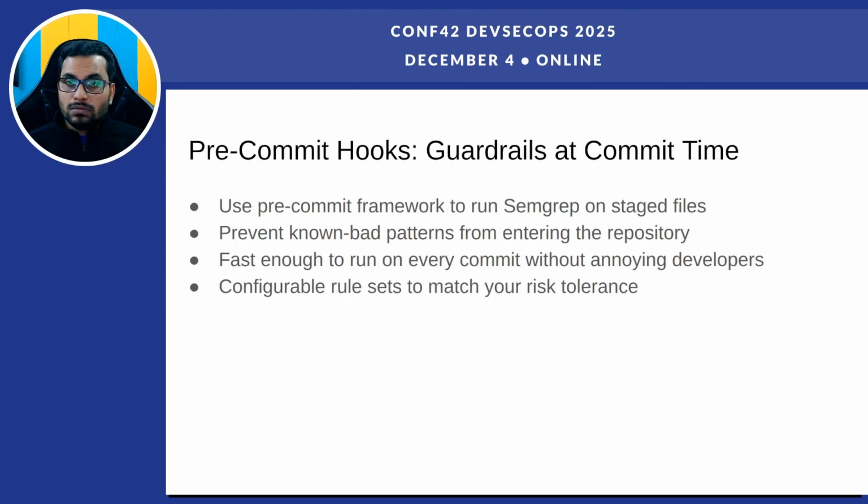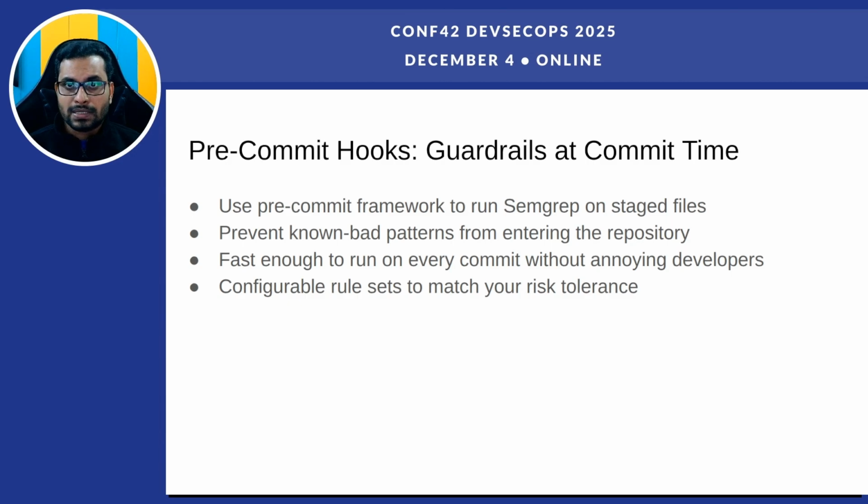Now, the next option is, of course, we are moving towards the right. We were at the extreme left, the IDE plugins. Now we are looking at pre-commit hooks. Pre-commit hooks also create a natural low-friction checkpoint. It has a bit of friction, but it is still low friction because when you make the commit itself, you use Semgrep to scan the changes that you have committed.